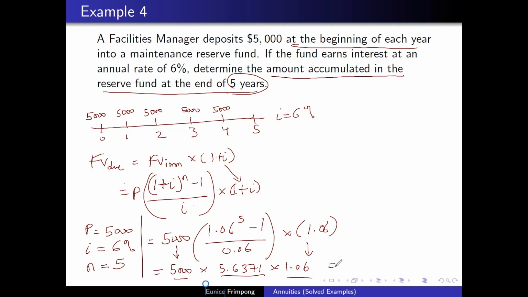And that is giving me finally 29,876.60. So the accumulated amount in the reserve fund at the end of 5 years for an amount of 5,000 being deposited at the beginning of each year is 29,876.60. Thank you.